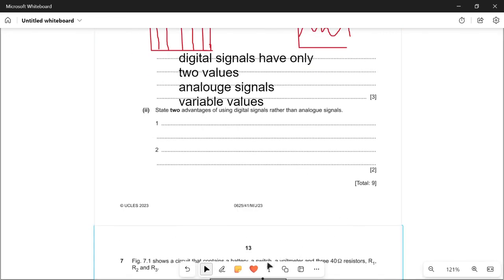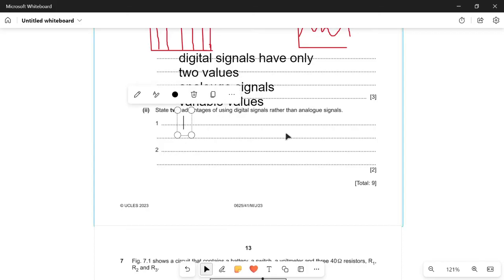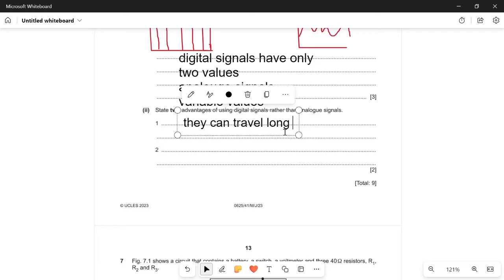State two advantages of using digital signals rather than analog signals. So when we are using digital signals, they can travel long distances without having an error.